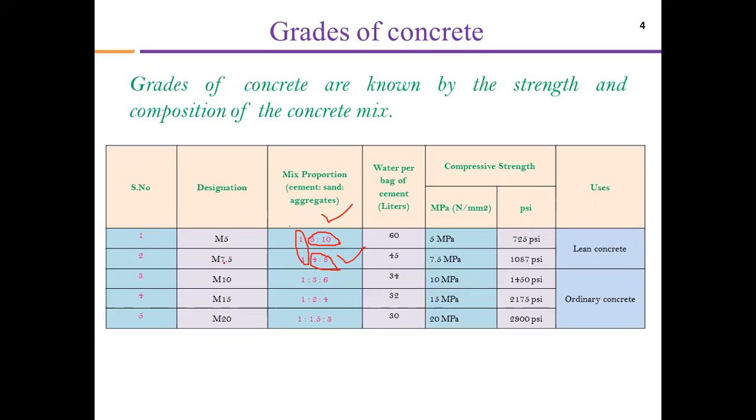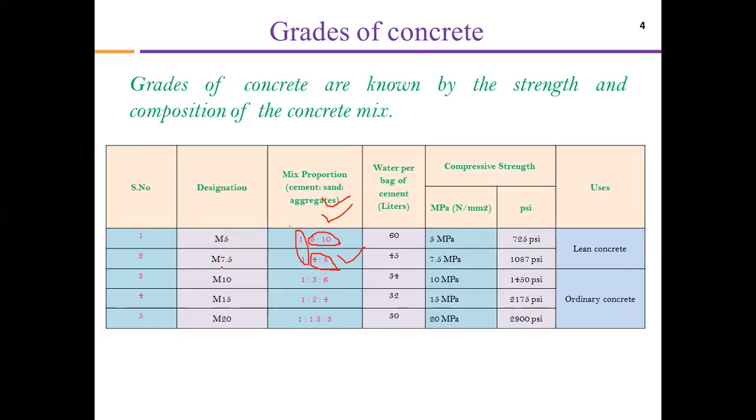Okay, so I can easily say that the amount of coarse aggregate added is more in the M5 concrete as compared with the M7.5 concrete. So the resultant strength which will be achieved from both the mixes will be different.